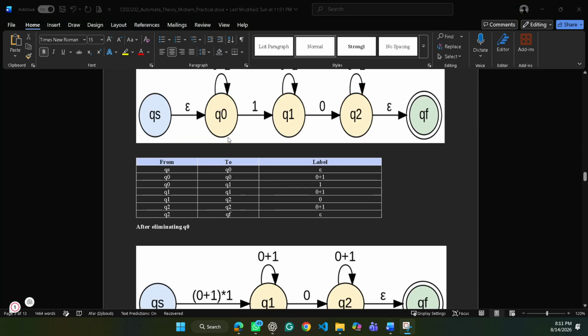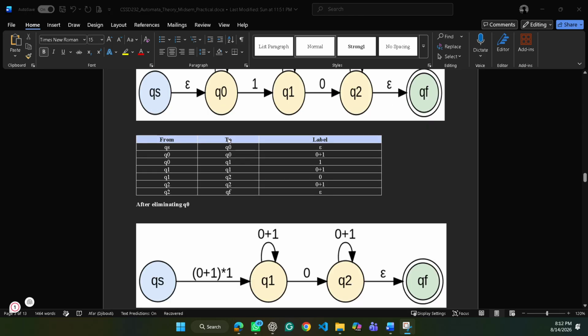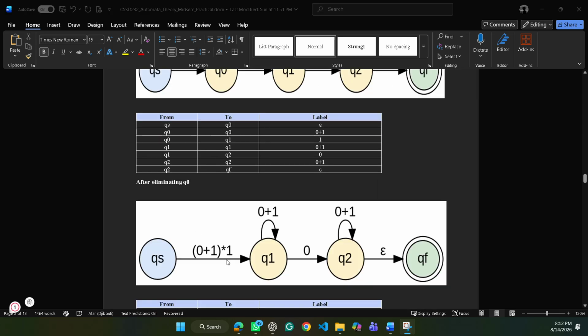After getting all this, I move on to NFA2. With the same state elimination procedure, after eliminating Q0 and then Q1, the final regular expression becomes something like 0(0+1)(0+1)... That is how it is.